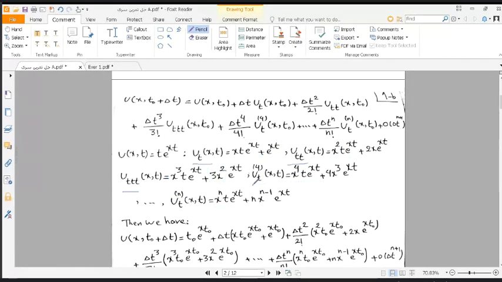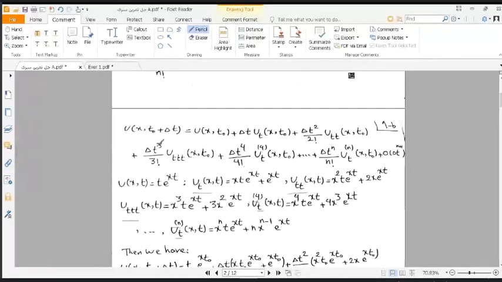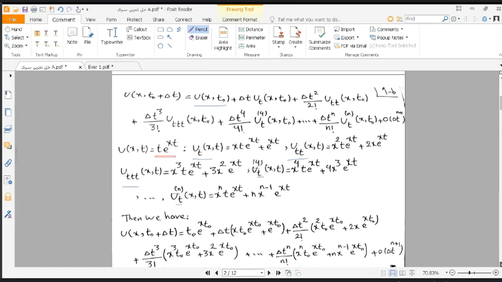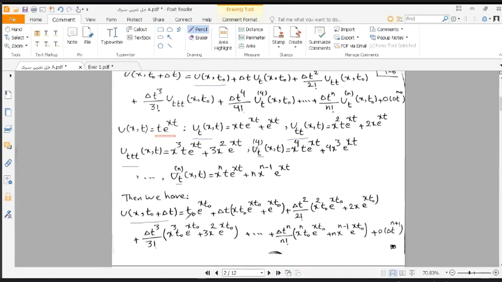We have ut, utt, uttt, and u4t, and it's sufficient. We use these in the general formulation of Taylor's theorem at the beginning of this page. We put t e to the power xt instead of u. So u of x and t0 plus delta t is t0 e to the power x t0.